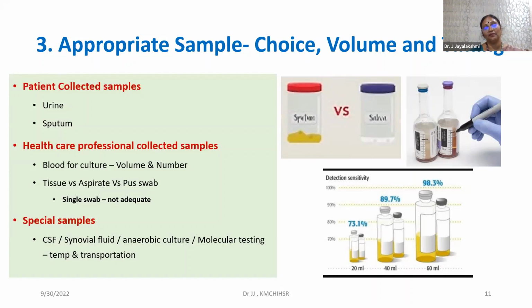I'm sure a lot of you would have had experiences of sampling errors leading to negative COVID tests, right? Most labs do COVID tests, and you will see somebody with good symptoms and exposure, and you do the test the first time, and it's negative.